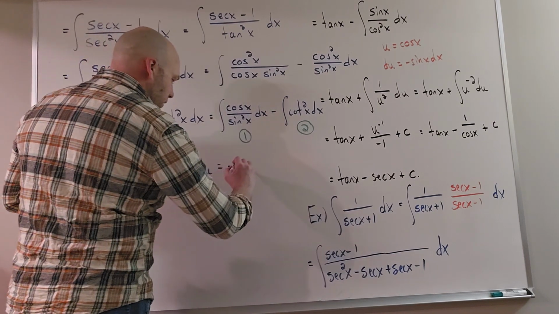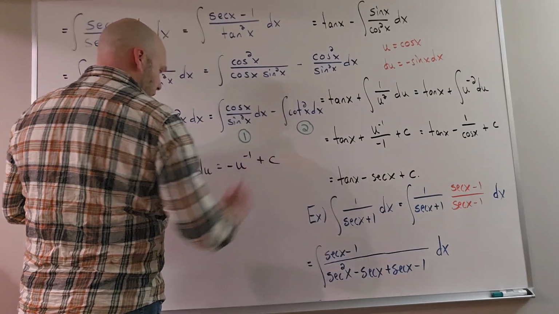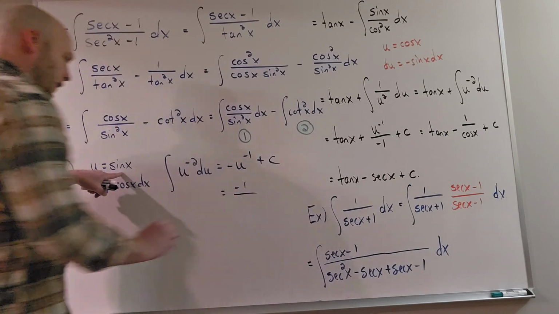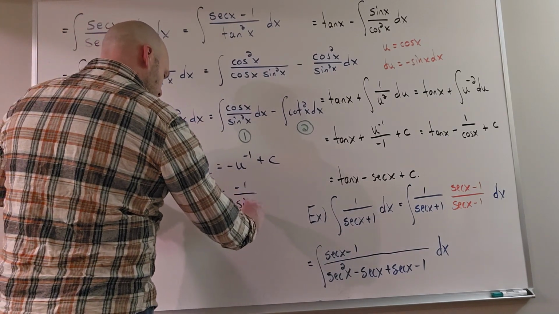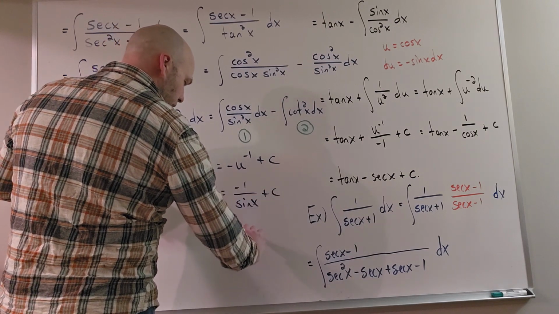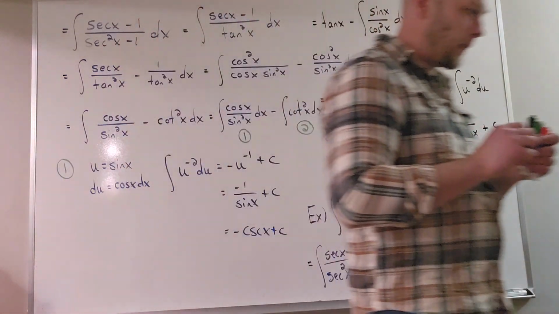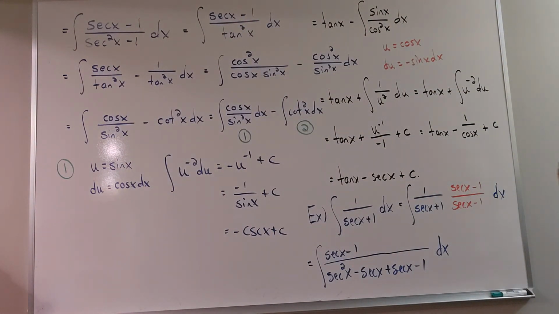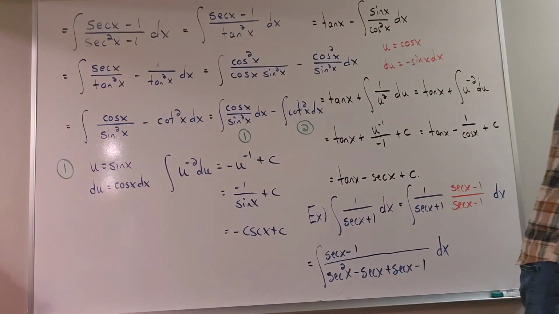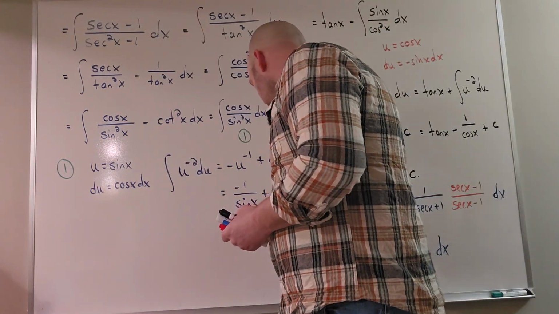So that's minus u to the minus 1 plus a constant c, which is negative 1 over u, which is sine of x, plus c, and we can simplify that to negative cosecant x plus the constant c. So that's what I get for the first integral. Box that off so we don't lose it on the board. This was the first integral.